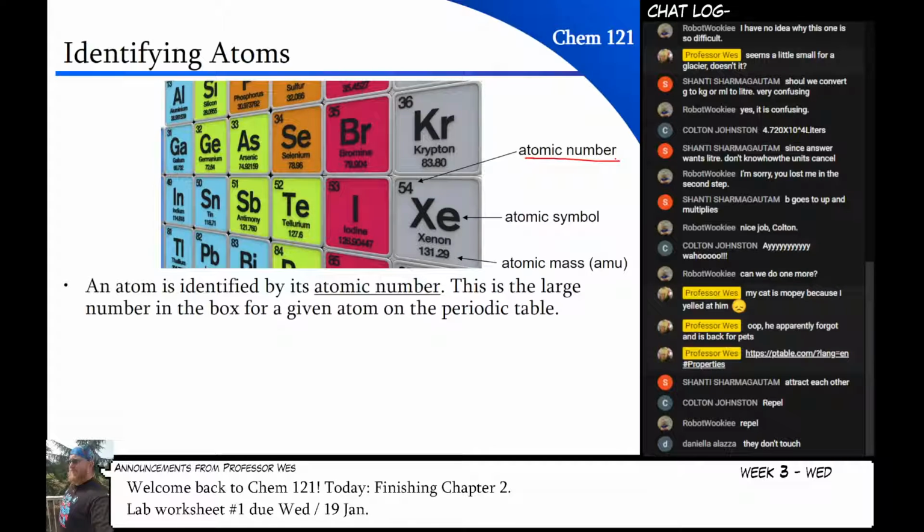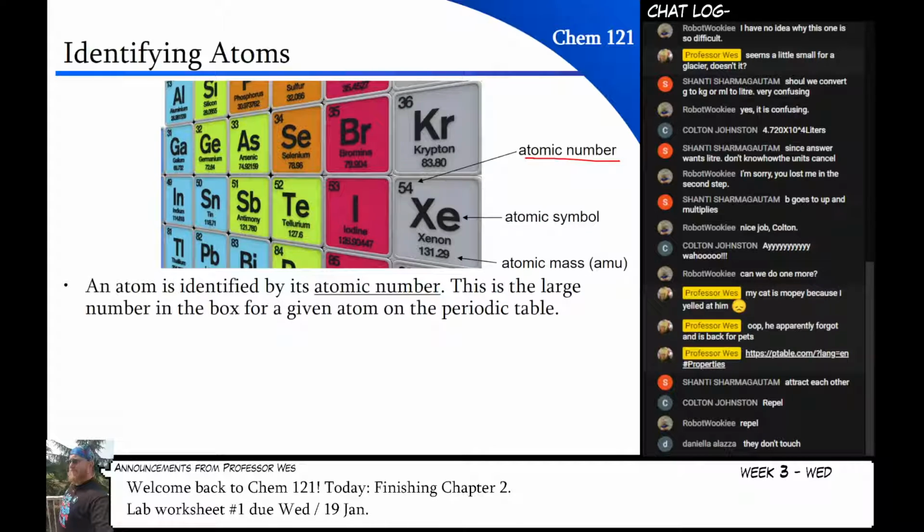The atomic number on a periodic table is oftentimes a big integer written either in a corner or centered at the top of the element box. It's always somewhere in the top part. Some tables put it on the top left, some put it on the top right. For example, PTable puts them in the top left.